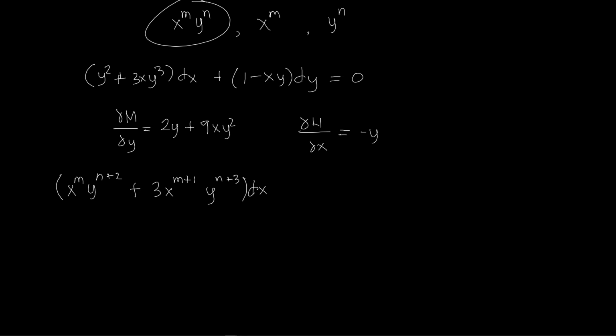Times dx, plus 1 times x to the m, y to the n, minus x raised to the power of m plus 1, y raised to the power of n plus 1, dy equal to 0.